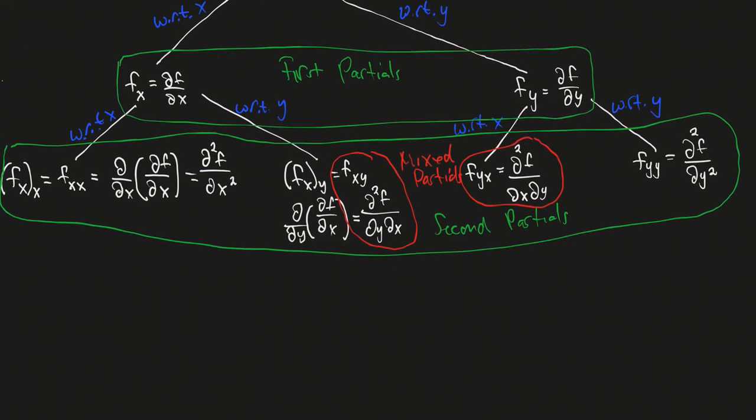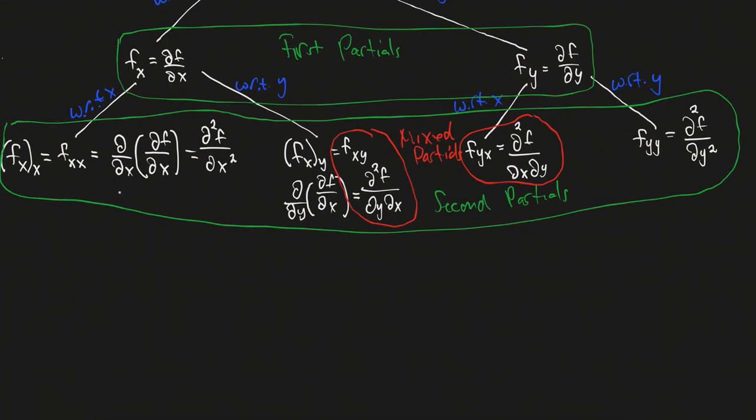Let me scroll down here, and so here is our first example, and we are going to find all the second order partial derivatives of this function. So I'll just write down.